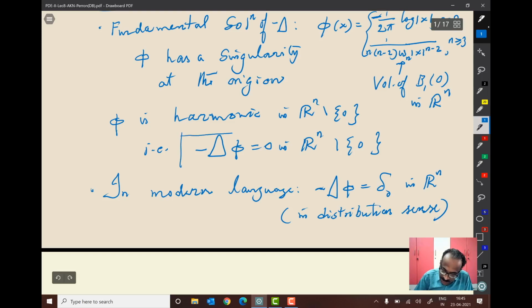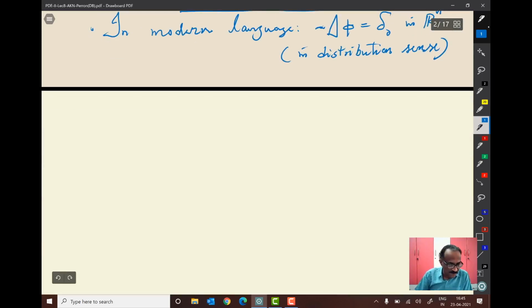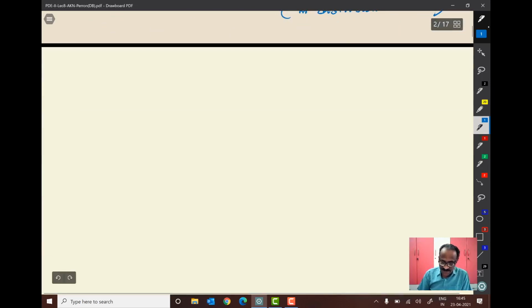So minus Laplacian, and you have done a lot of problems in this previous case. What are the troubles and advantages? If you look at it, the function phi, even though there is a singularity, phi and gradient of phi singularities are not serious. Even though there is singularity, these are locally integrable.